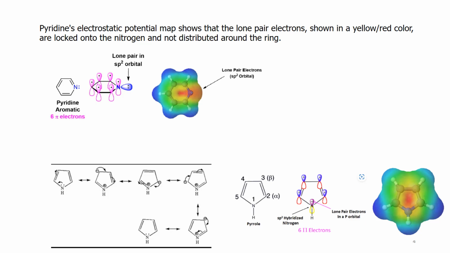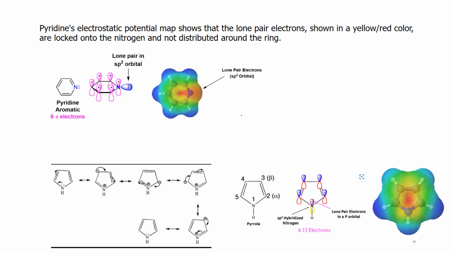It represents that the nitrogen lone pair is localized in the case of pyridine. This is the proof: in the electrostatic potential map, you can see that the nitrogen lone pair is locked on the nitrogen. It's not moving along the ring.